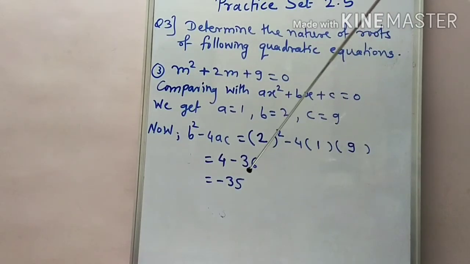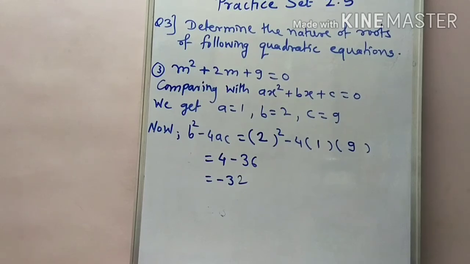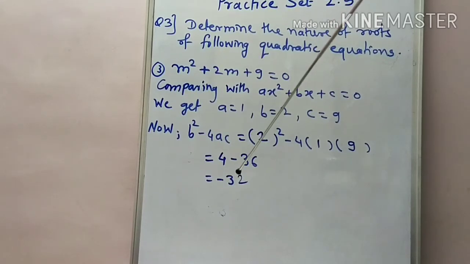So as we simplify it, b square minus 4ac, we get that value as minus of 35, because square of 2 is 4 minus as it is, and 4 9s are 36. Sorry, it's not minus of 35, actually it's minus of 32. Okay.